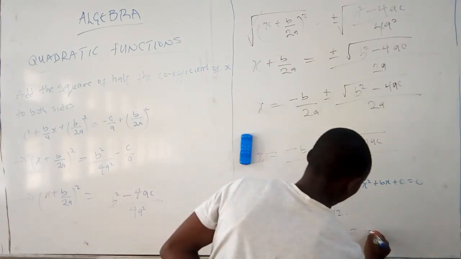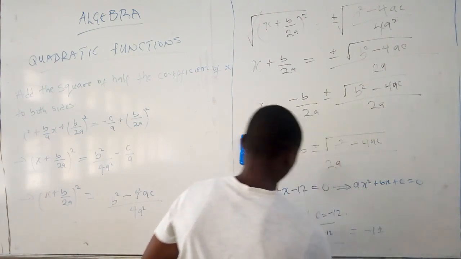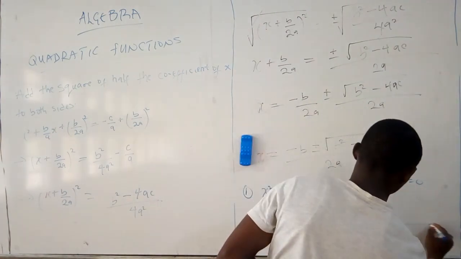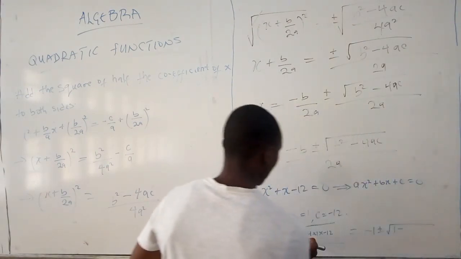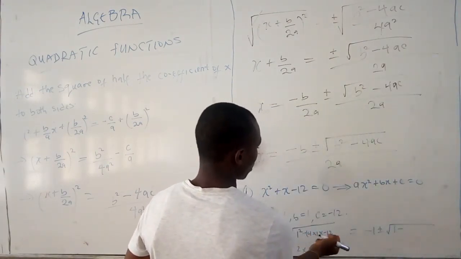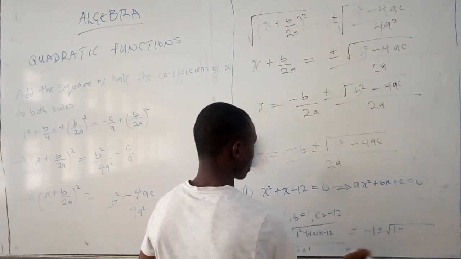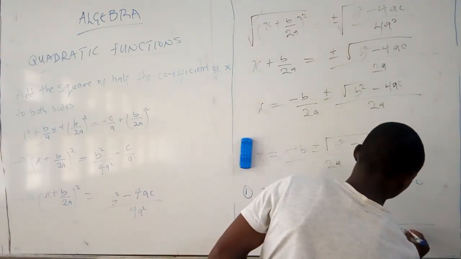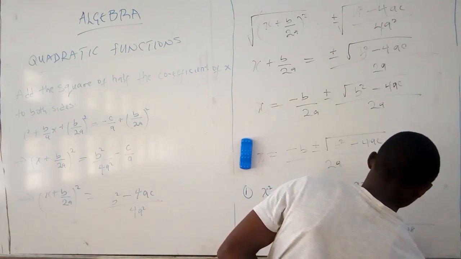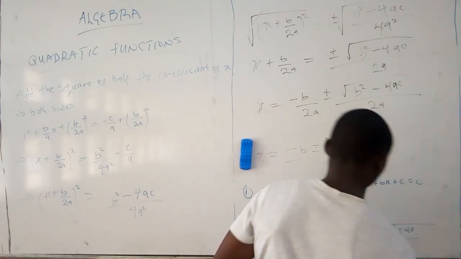So minus 1 plus or minus root of 1 squared, which is 1, then 4 times 1, 4 times 12 is 48. So you have plus 48 all over 2.